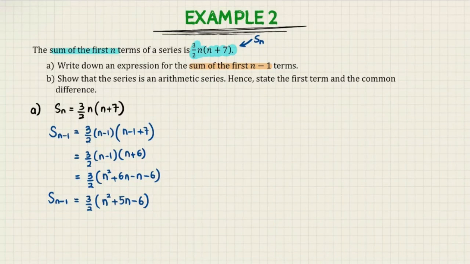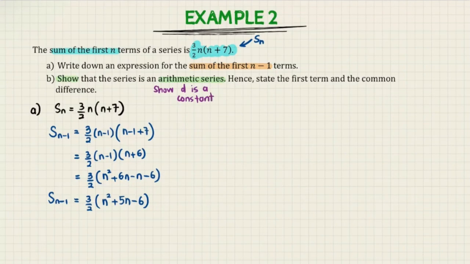Okay, kemudian kita pergi dekat B. Show that the series is an arithmetic series. Okay, bila soalan minta kita show dia adalah arithmetic, so maksudnya kat sini kamu perlu show D is a constant.